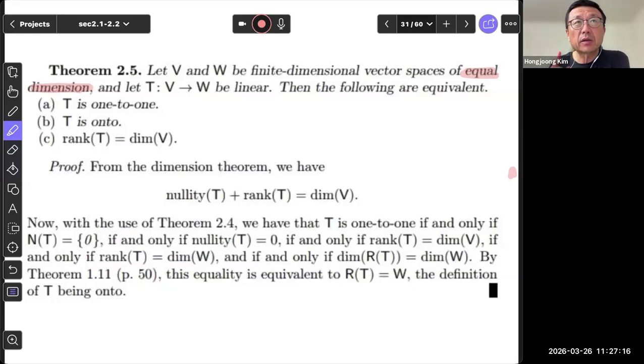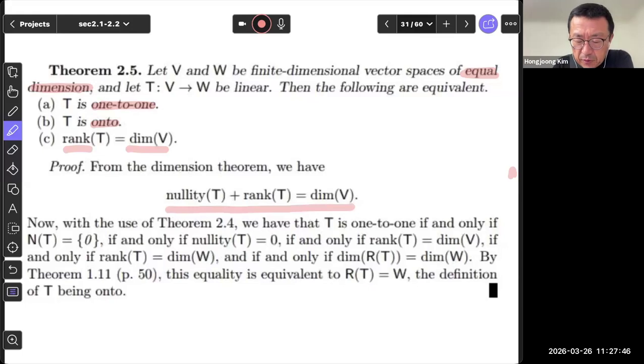What does it say? The first statement says the mapping is one-to-one. The second statement says the mapping is onto. The third statement says the rank will be the same as the dimension of the domain. Well, from the dimension theorem, we have this.